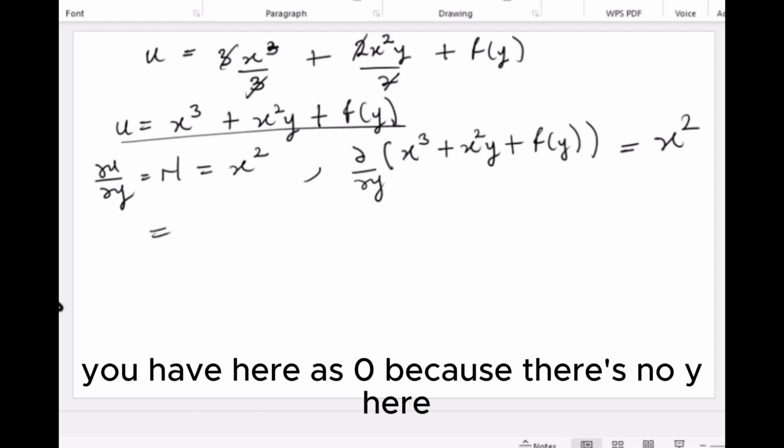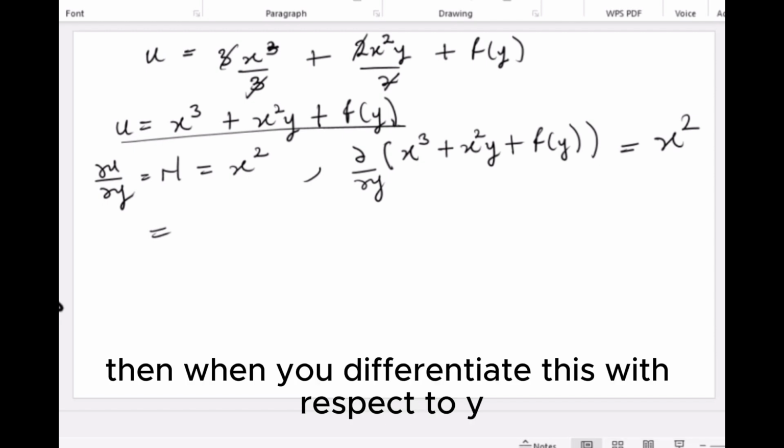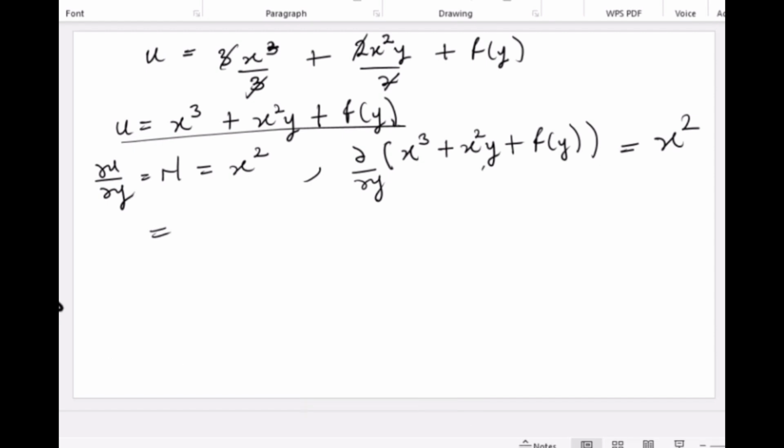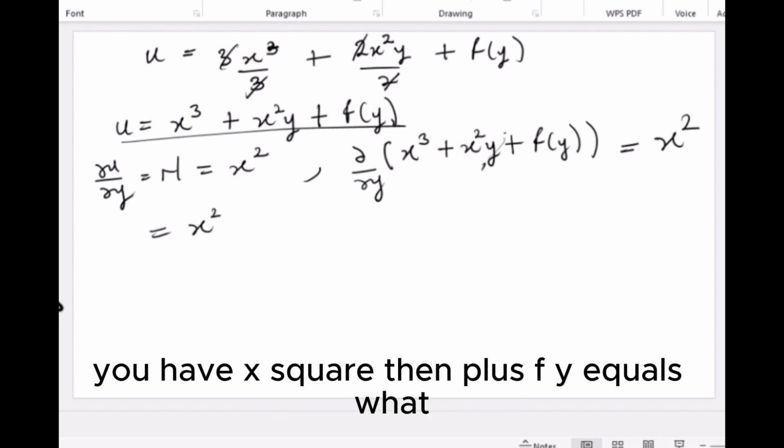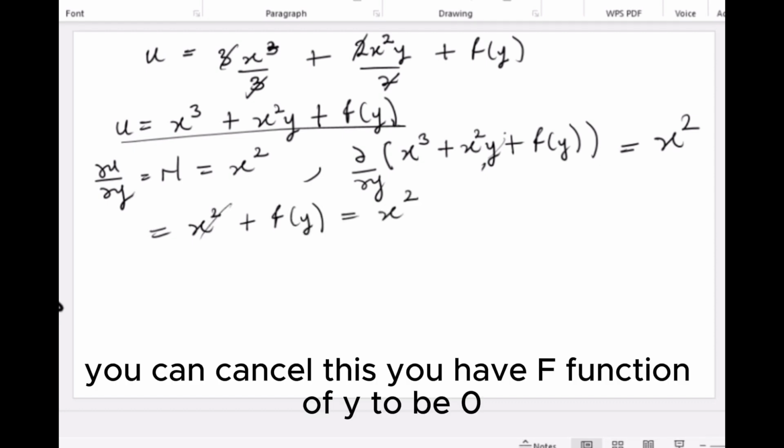You have 0 here because there's no y here. Then when you differentiate this with respect to y, you have x squared because this will change to 1, right? You have x squared plus f'(y) equals x squared. You can cancel this. You have f'(y) to be 0.